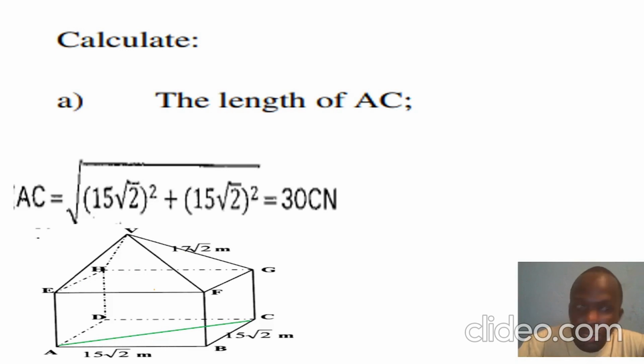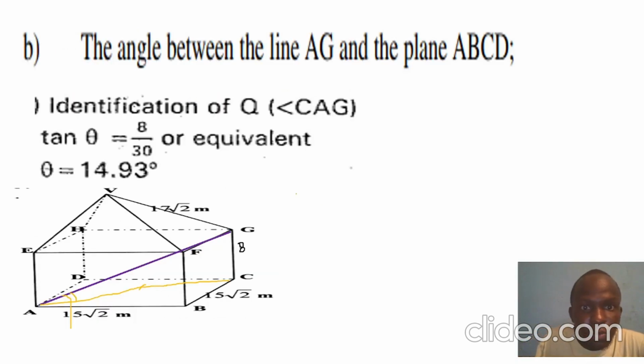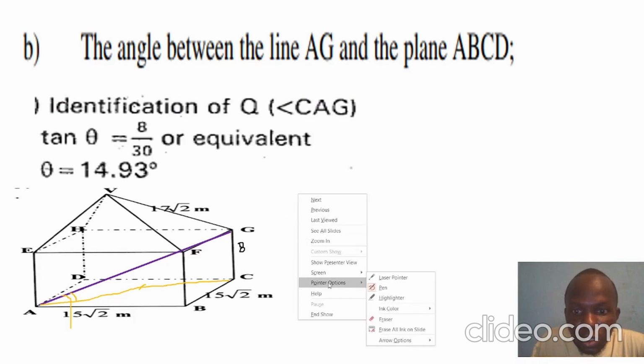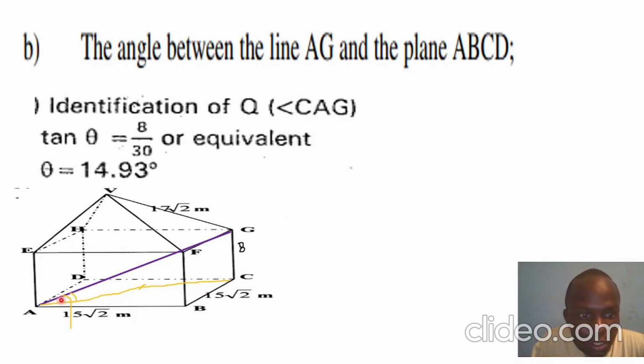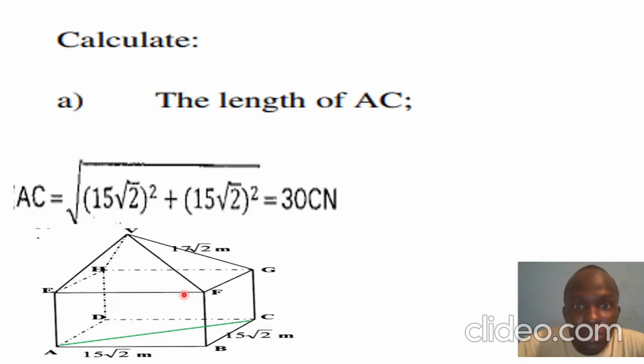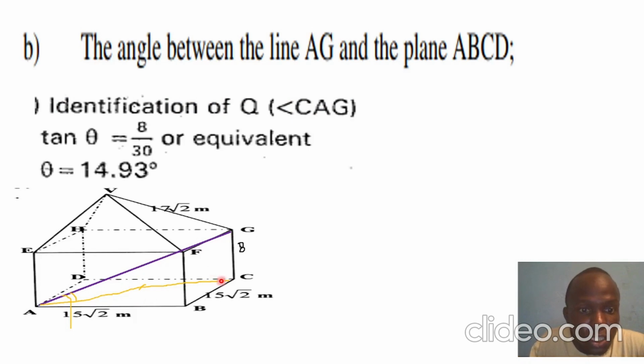So we are going to use AC, the one we found previously, 30 centimeters. And we were supposed to find the angle between AG and AC.